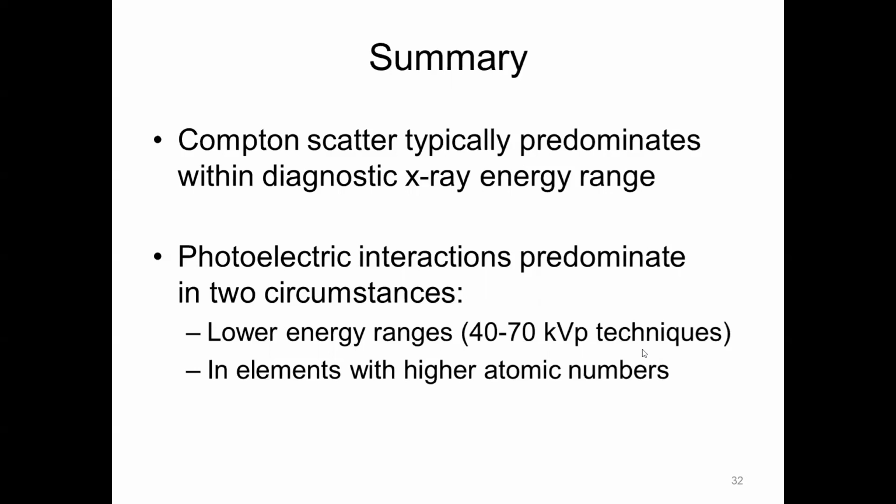For extremities, we want to use lower energy ranges to enhance the chances of photoelectric absorption. We also have photoelectric dominating in elements with high atomic numbers, and that includes a prosthesis. So if you know your patient has hardware in there, you can increase the kVp. You shouldn't need to, but you can.